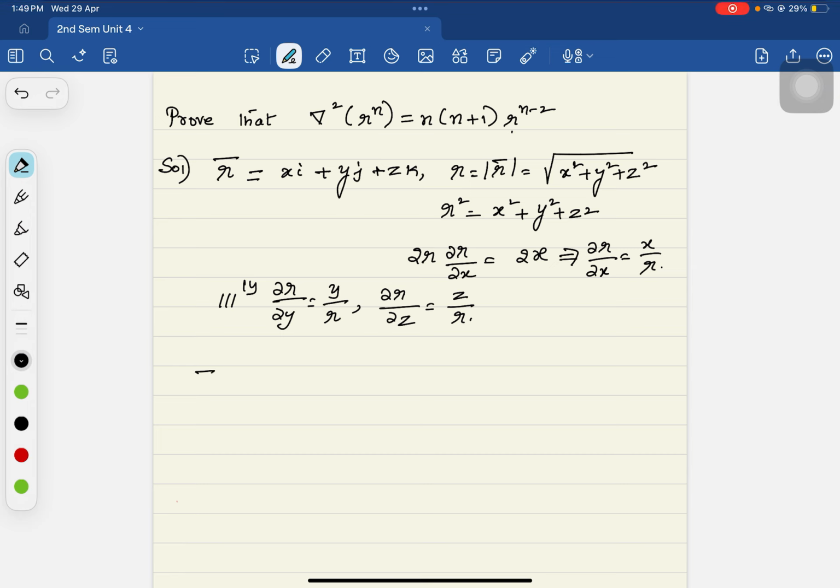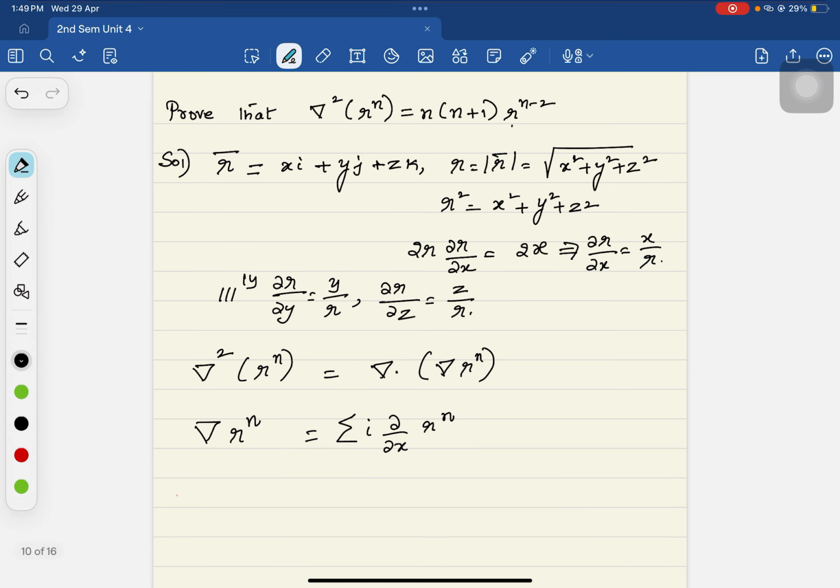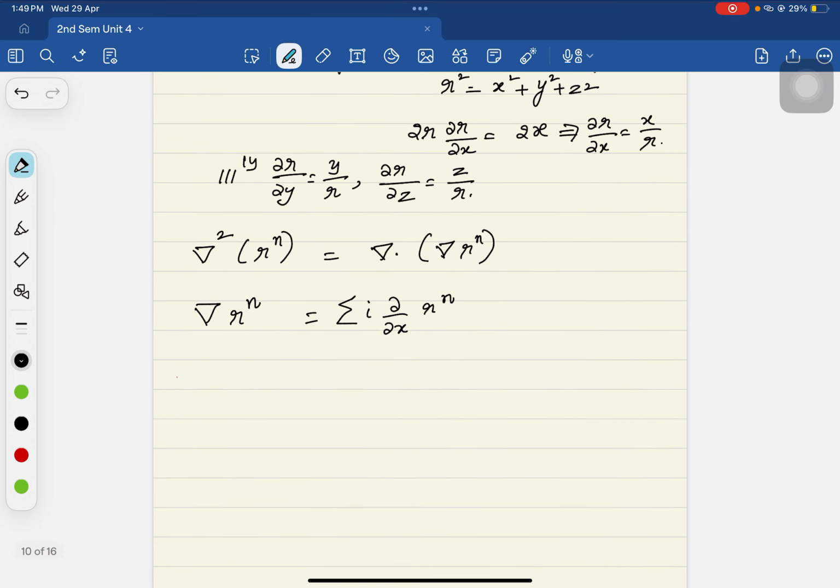Now let us proceed further to find out what is del square of r power n. Del square of r power n is given by del dot del of r power n. To find this, first we find del of r power n. Del of r power n is given by summation of i dou by dou x of r power n. I hope you know what this sigma notation means; it explains the continuation of the whole terms in this expansion.